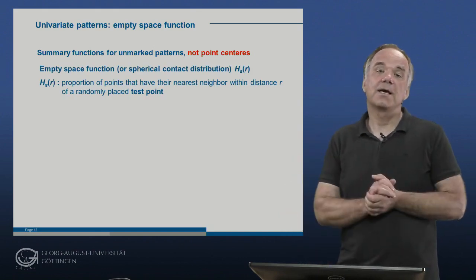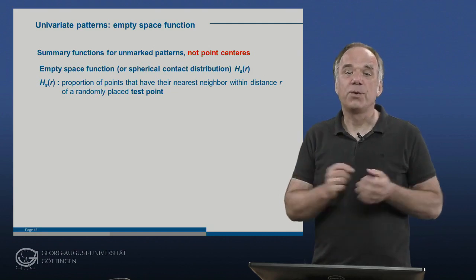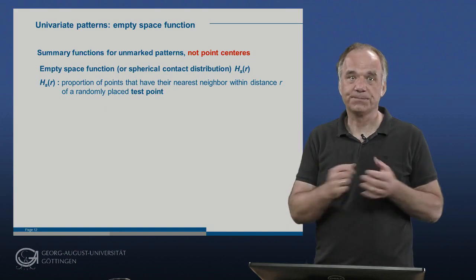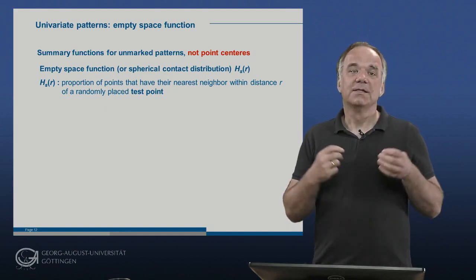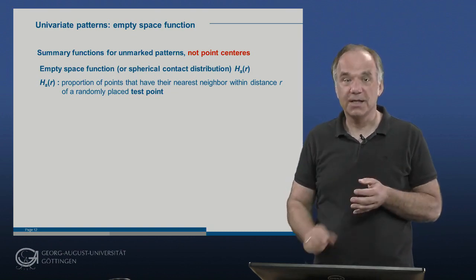This is exactly the idea of the empty space function. It is the proportion of test points that have the nearest point of the pattern within a certain distance r of a randomly placed test point. This summary function is also more technically called the spherical contact distribution.